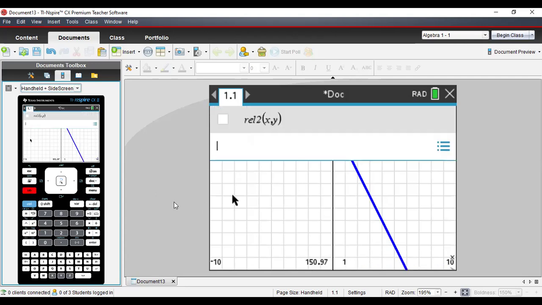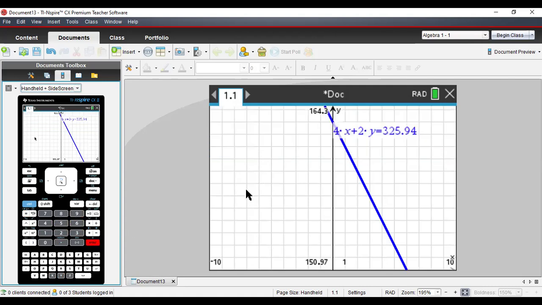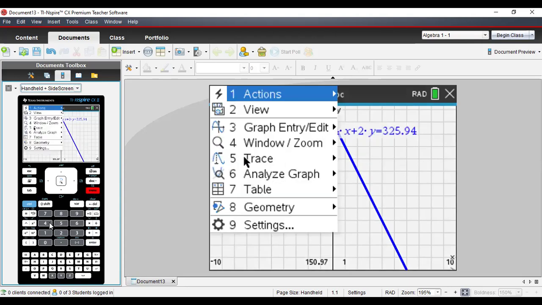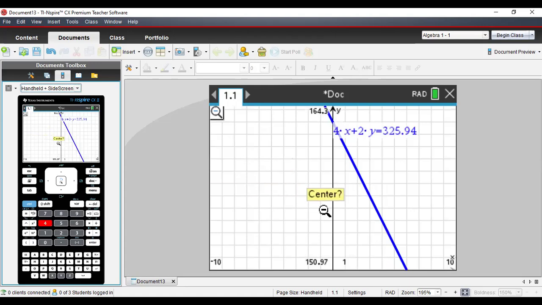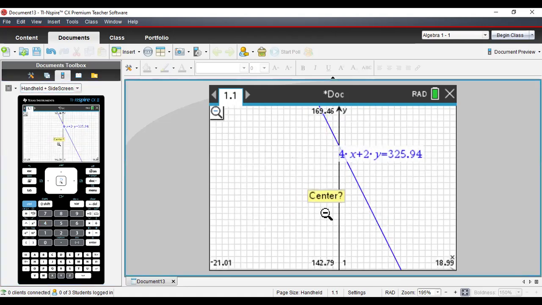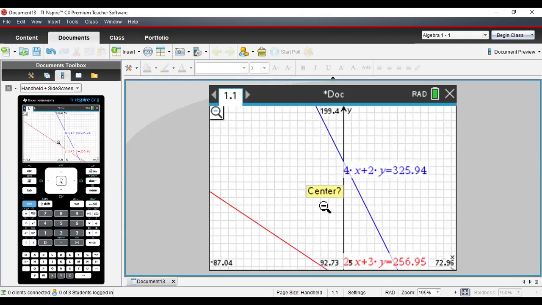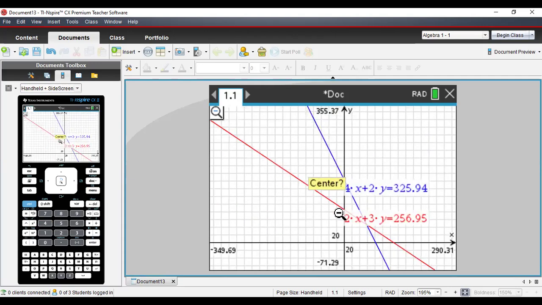So now it was 2 adults, so 2x plus 3 children, 3y, and the cost was $256.95. So press enter. We don't see the other one. So what I'm going to do is I'm going to do menu 44, and I'm going to go boop, boop, boop, boop, boop.